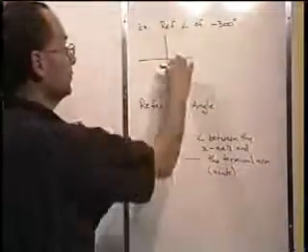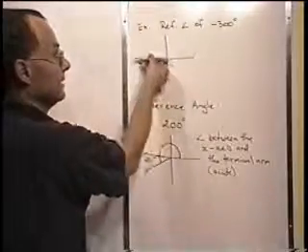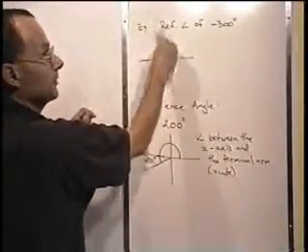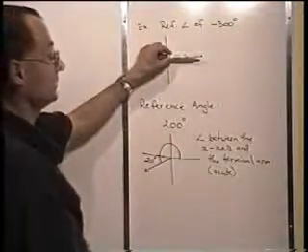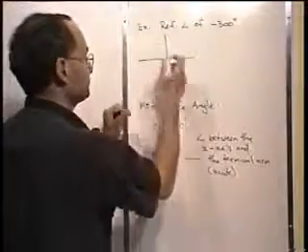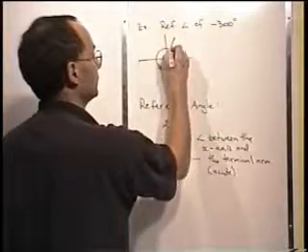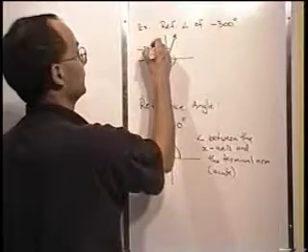Now negative 300, so we're going to start here and swing through negative 180. And we're going to keep basically going. I like to think of it this way. We've gone a full rotation, which would be negative 360. And oops, that's too much. So I'm going to back it up by 60. So we're actually going to end up about here. Okay, so there's my negative 300.